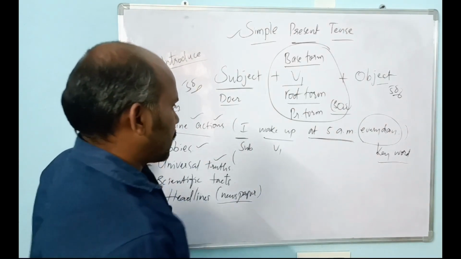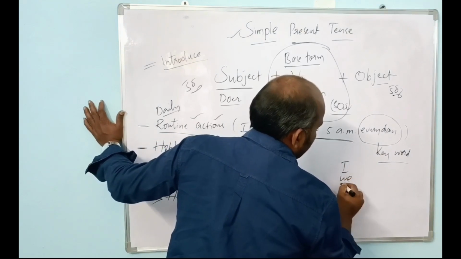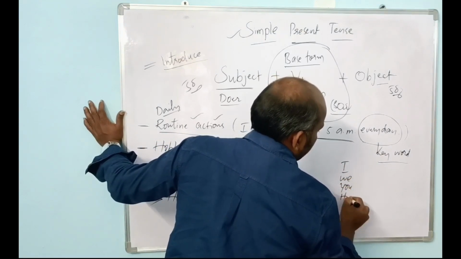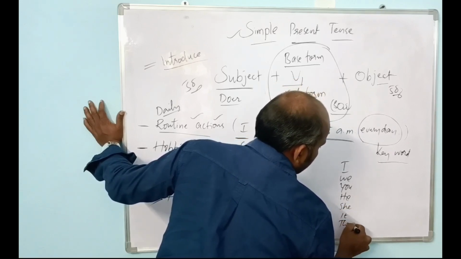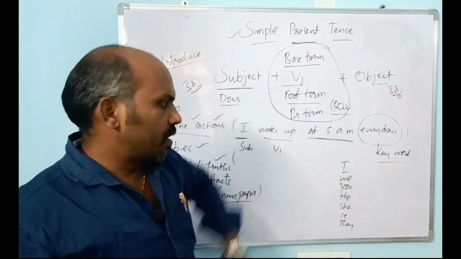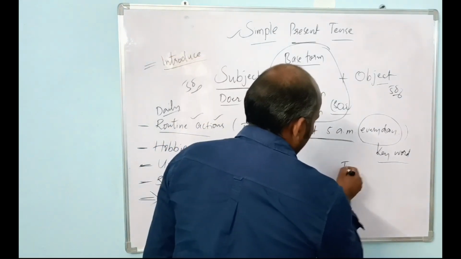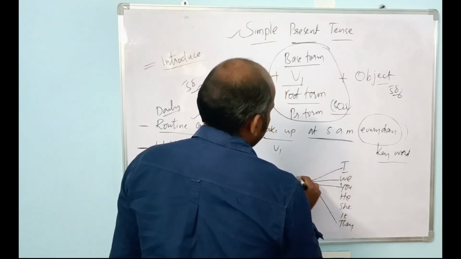Here, as we discussed, there are a few subjects: I, we, you, he, she, it, and they. Here, the V1 base form agrees with I, we, you, and they.